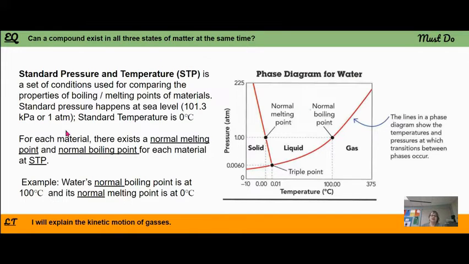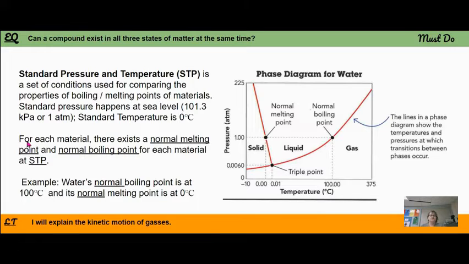In chemistry, we tend to use atmospheres more than pascals. So you could say that standard pressure is 1 atmosphere. Standard temperature is 0 degrees Celsius. Always. Doesn't matter if you're at sea level or not, it's 0 degrees Celsius.